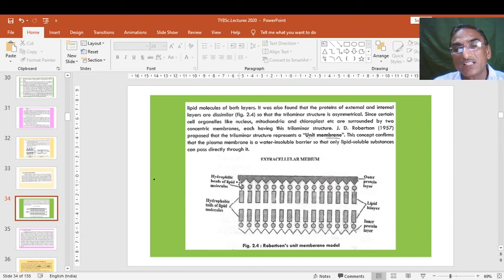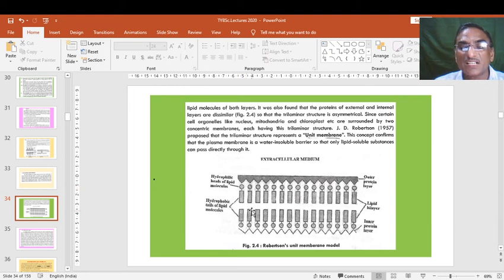The hydrophilic heads of lipid molecules are arranged serially on both sides of the membrane, and this is the lipid bilayer model: one layer and two layers. This single piece is called the tail of the lipid molecule, and this is the head of the lipid molecule.